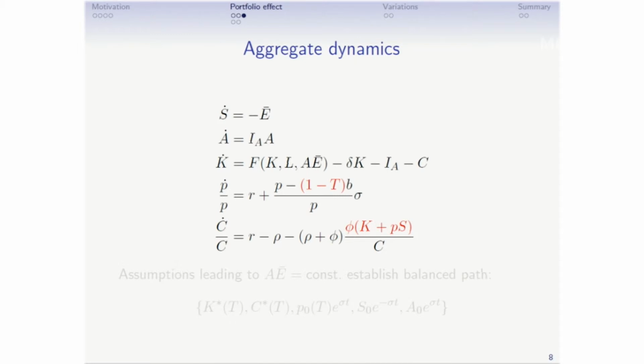The second term reflects the fact that we can enforce any arbitrary extraction rate sigma on the economy. And you see that that element in the equation depends on the auctioning rate T. So there's a price effect. If we change the auctioning rate of the permits, we affect also the price of the fossil resource stocks.